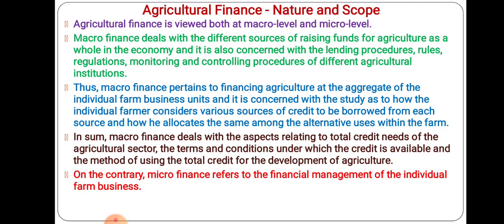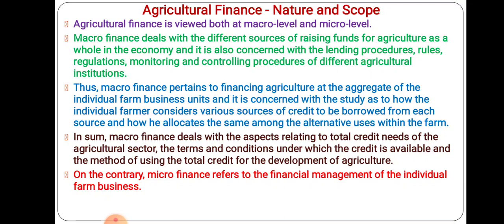Macro finance deals with the different sources of raising funds required for agriculture as a whole in the economy. It is also concerned with the different lending procedures, their rules and regulations, and the monitoring and controlling procedures of different agriculture institutions.